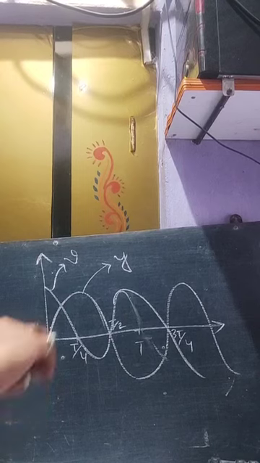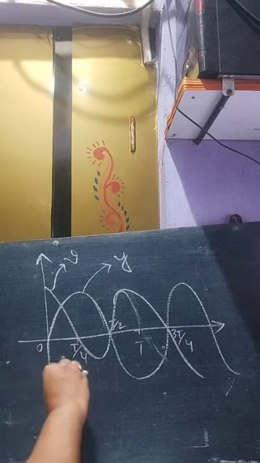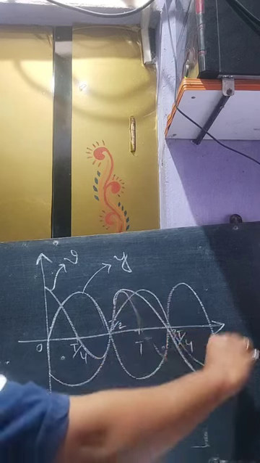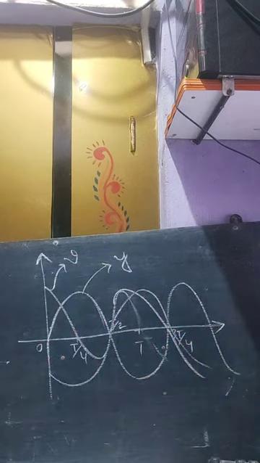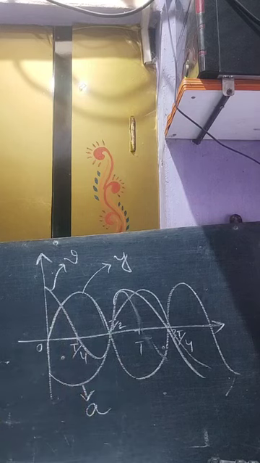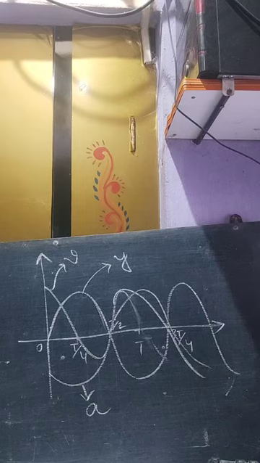The curve will start from this part, like this it will go on. Okay. So, this is the curve of acceleration. So, in this way we can represent the velocity, displacement and acceleration of the SHM.